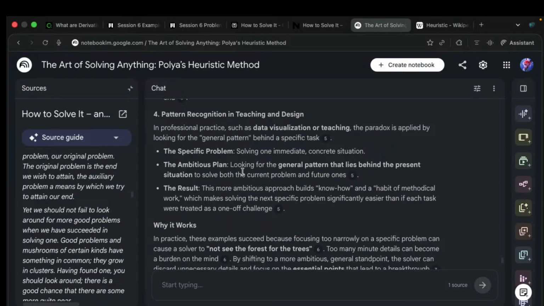So yeah, I just went through this page. Basically, what is this inventor's paradox in crux?